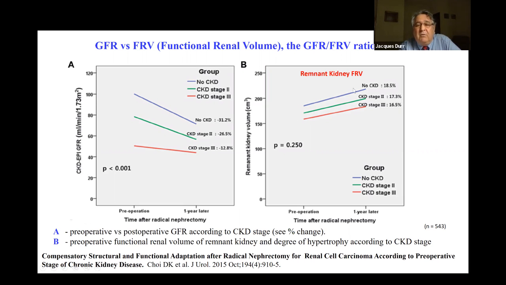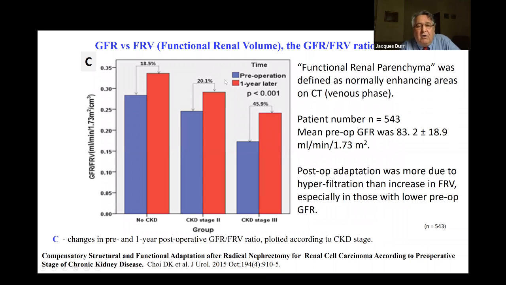And you see all the groups recover healthy, functional tissue, as they call it, but there's no difference in recovery. There's a difference in loss. The ones with better GFR lose more, but all three groups recover the same. But when you look at the ratio of GFR to functional renal volume, you see they all increase.